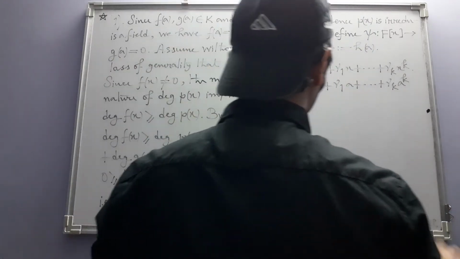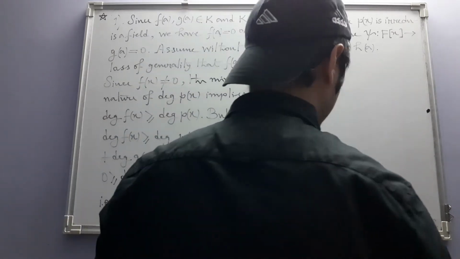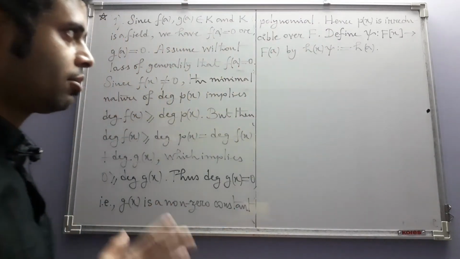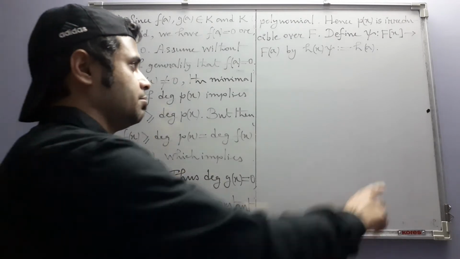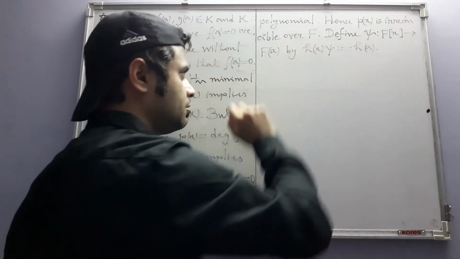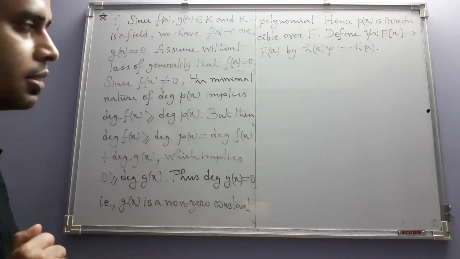Okay, so this function is well defined, and in fact one can prove that it's not just a well defined function, it's a homomorphism of the ring F[x] into the field F(a), and that also we will see in exercise 1.